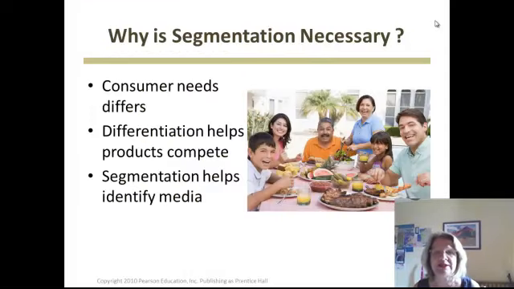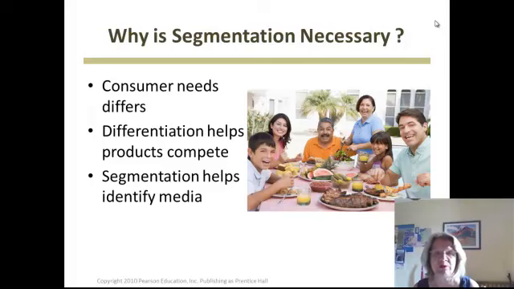So why is segmentation necessary? Not all consumers are alike. Different consumers have different needs. By segmenting the market and choosing target markets, companies can differentiate their products to provide the benefits that the segments desire. Once a marketer has identified their segment, they can choose media that is targeted to that segment for their advertising.